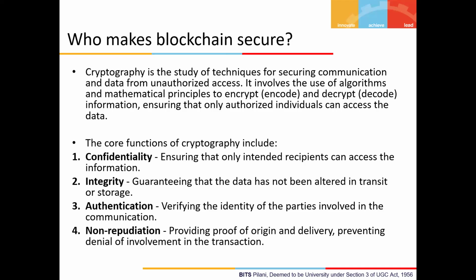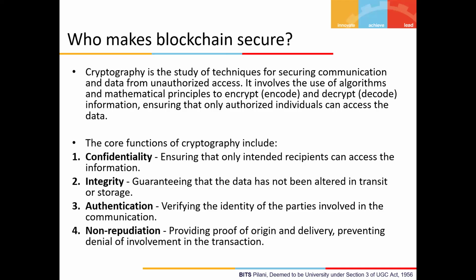Confidentiality ensures that only the intended recipient can access the information or data, right? Integrity is like data cannot be altered in transit or storage. Authentication is verifying the identity of the node or the person who is involved in the communication.